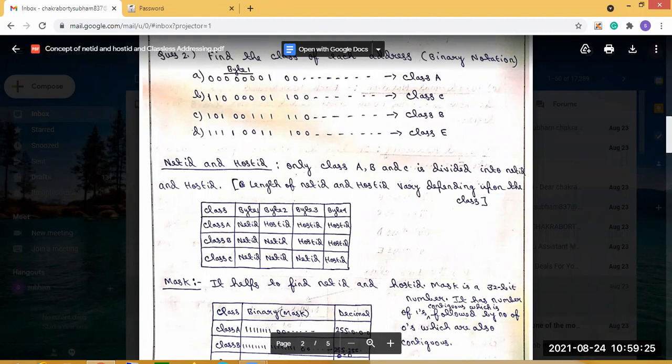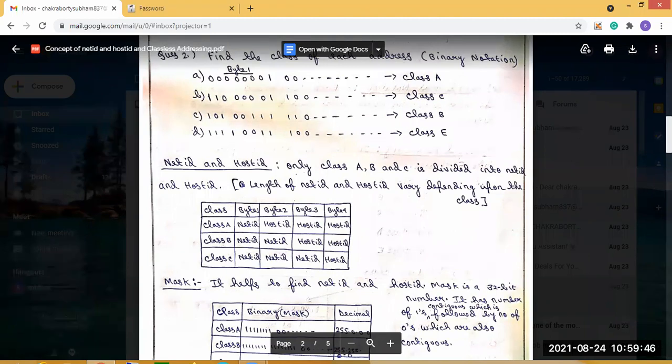So according to this table, we are putting the values, and we are saying that this address is present in this class. Now we will move to the concept of net ID and host ID.